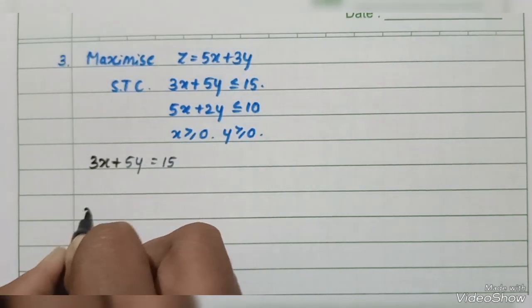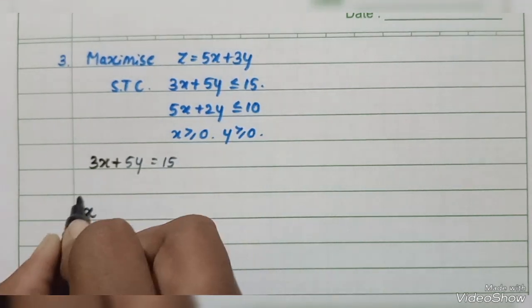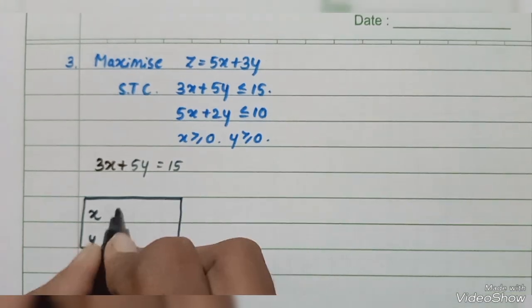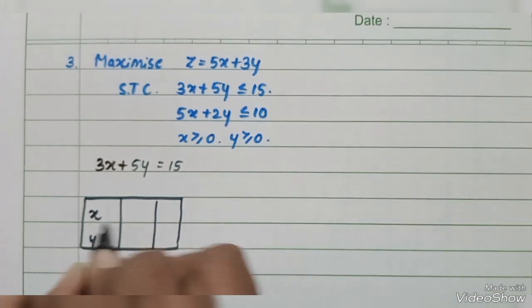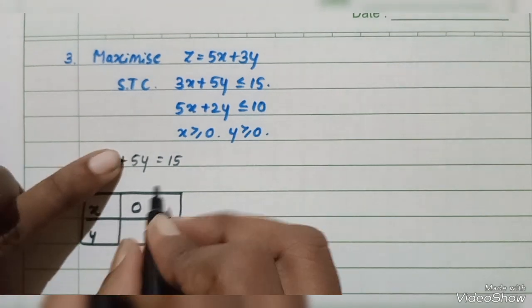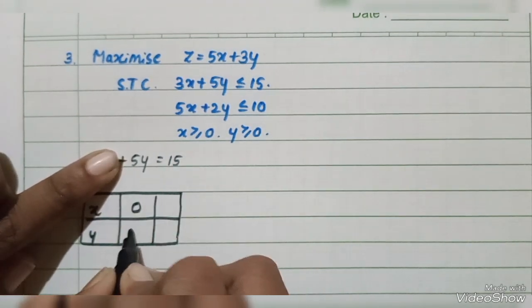For this one, take the points x, y. Here, x is 0, so we solve and get y is 3.